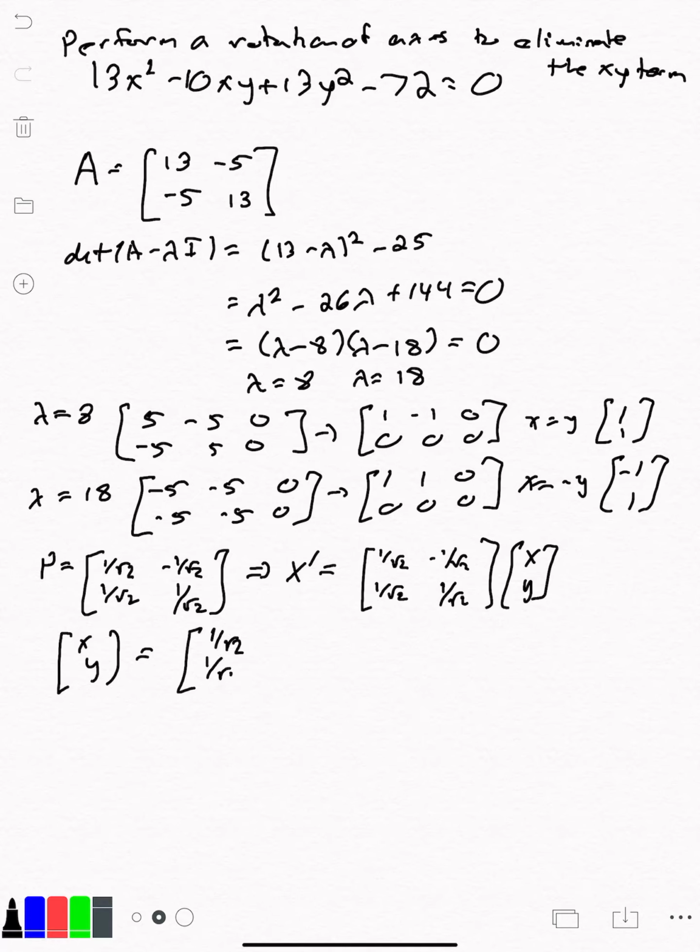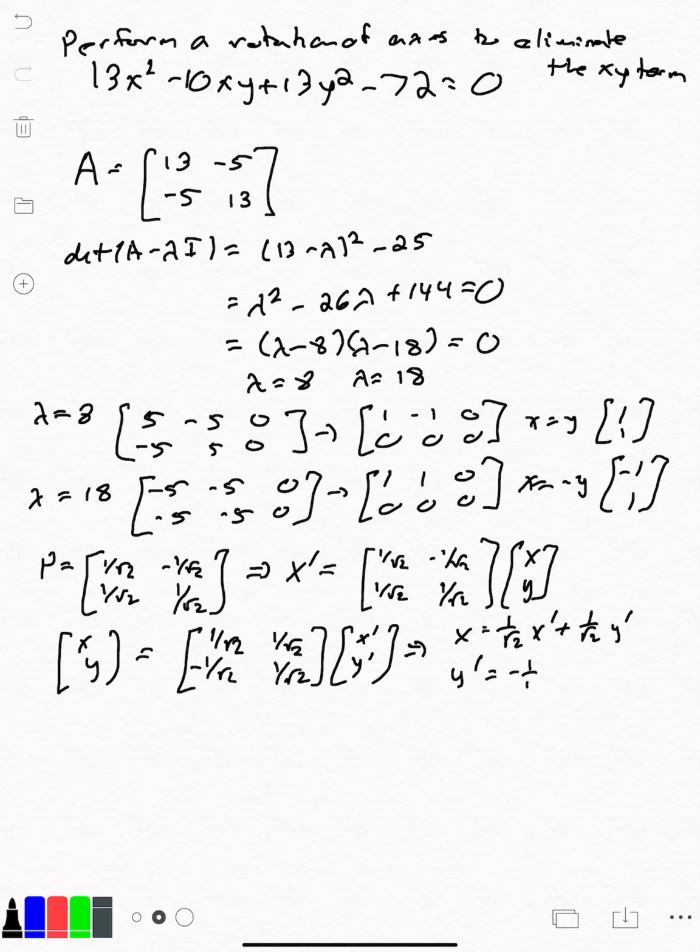And in this particular case, the transpose is just going to switch the negative and positive here. And so what we would do then is we would say, okay, that means x is 1 over root 2 x prime plus 1 over root 2 y prime. And y is negative 1 over root 2 x prime plus 1 over root 2 y prime.